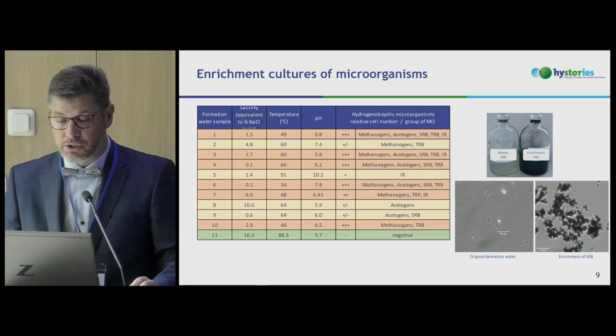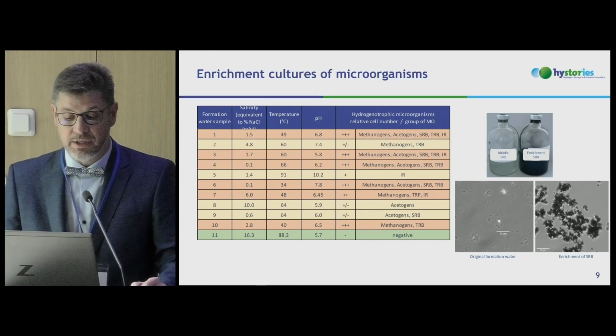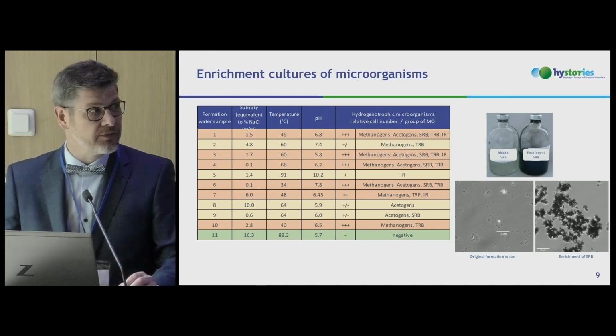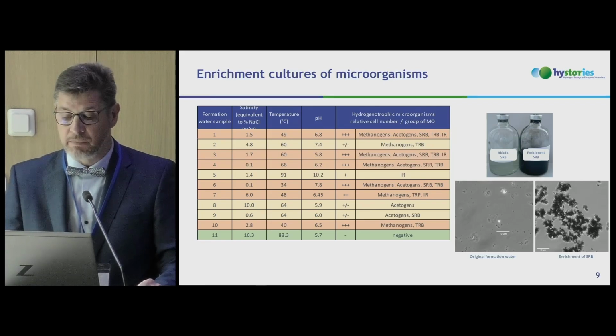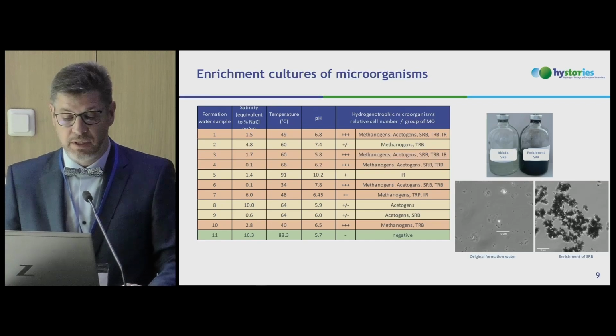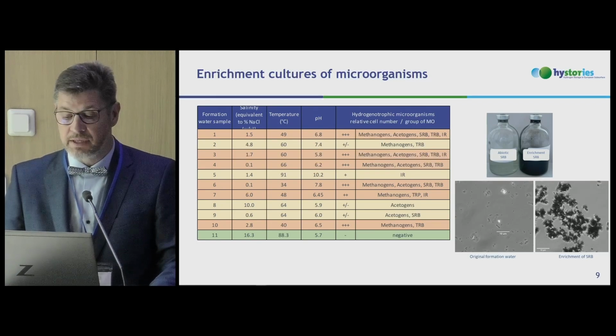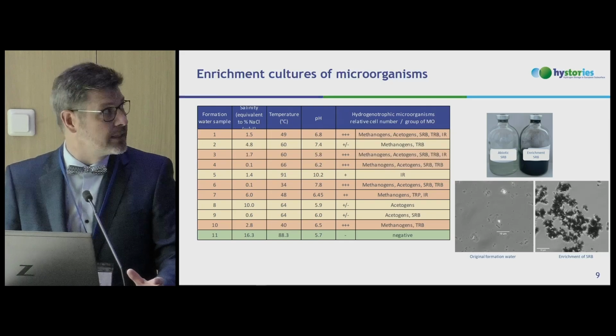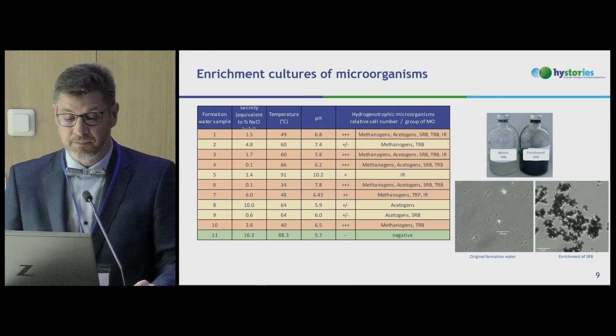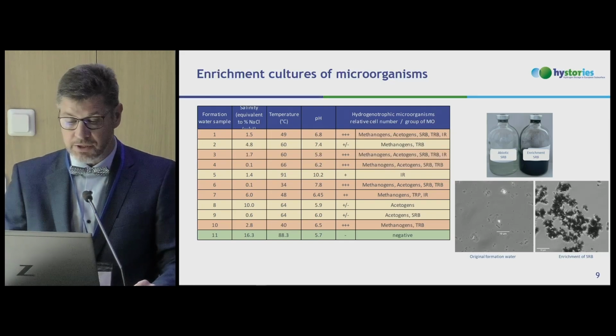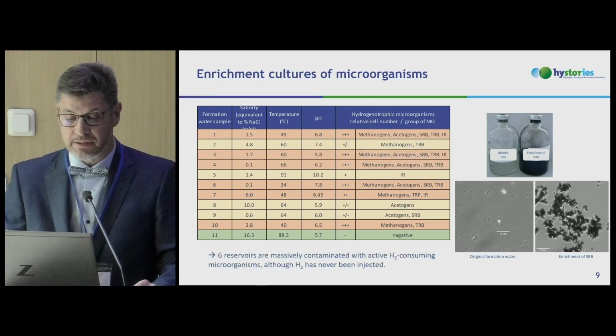This table only shows the hydrogen-oxidizing groups. It shows that of these 11 analyzed samples, 6 are massively contaminated with hydrogen-oxidizing microorganisms. Another 4 samples contained microorganisms with lower cell numbers or activities. The enrichment cultures reveal 3 things.